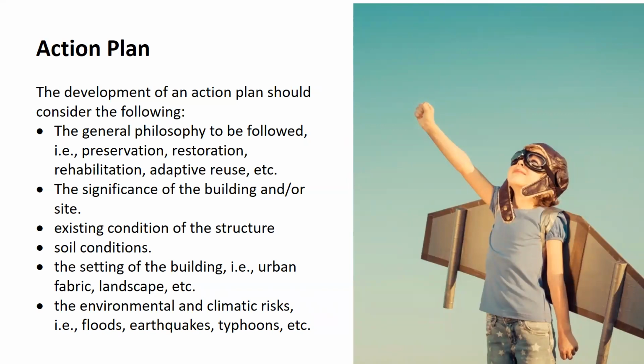Number one, the general philosophy to be followed. What does that mean? That means, are we going to conserve the building? Are we going to restore the building? Are we going to rehabilitate the building? Are we just going to save parts of the building?